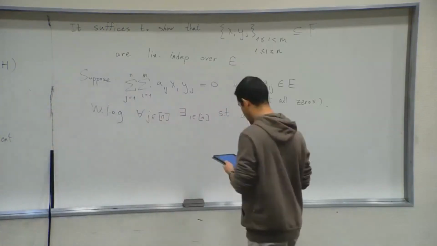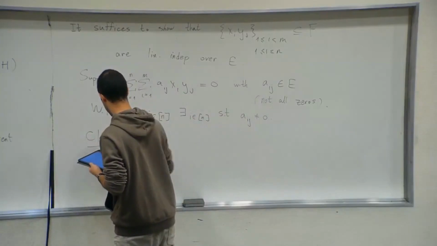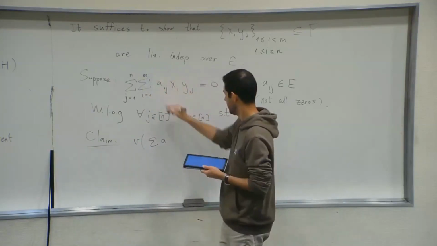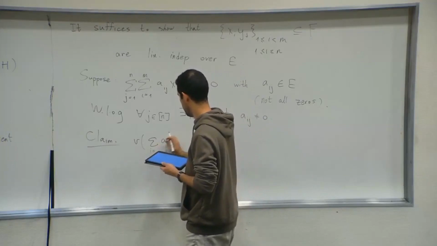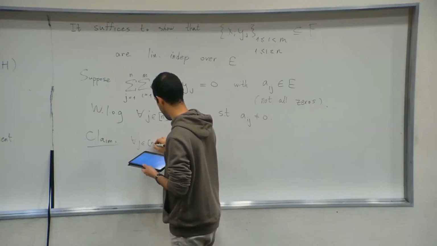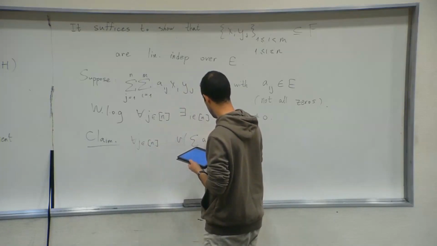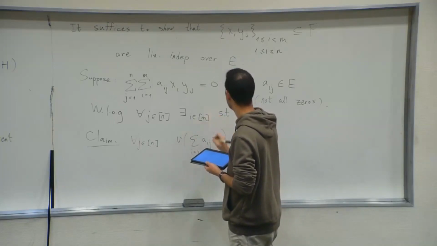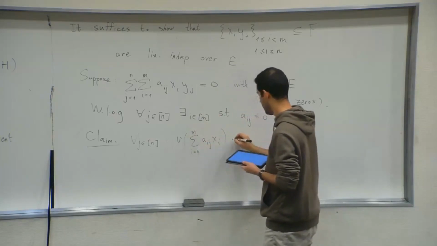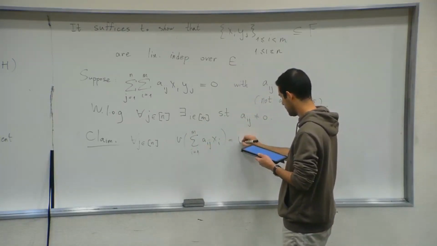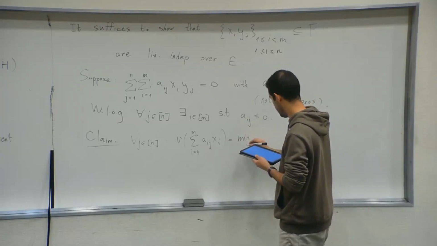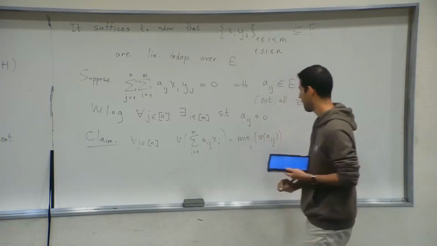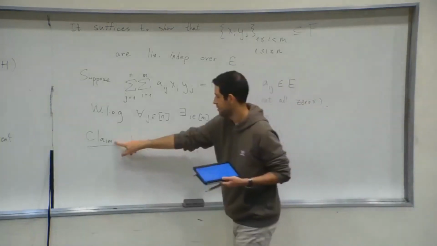With that, the claim: for each j, the valuation of this thing is the minimum of the valuations of the aij. So this is the key claim.